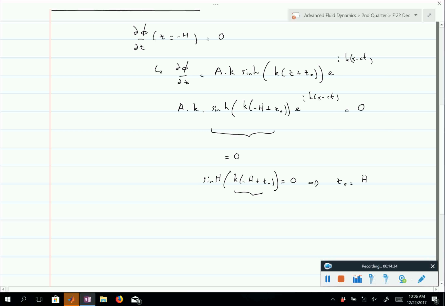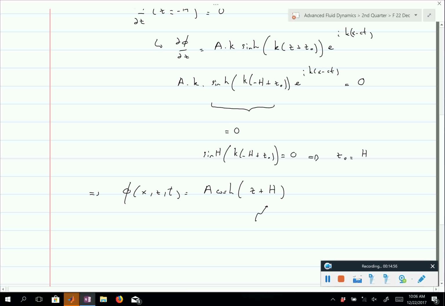That identifies this z naught, and so we've made progress, and we know that our ansatz for the solution now looks like this. It looks like A hyperbolic cosine of k(z plus h) exponential i k(x minus ct). Remember, h here is the thickness of the water layer.